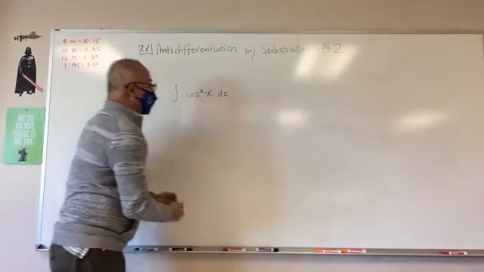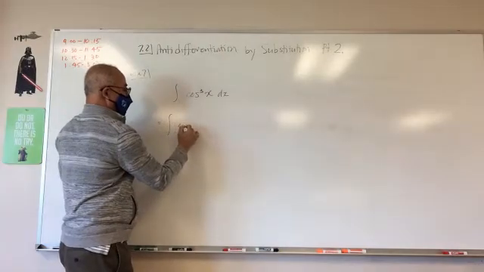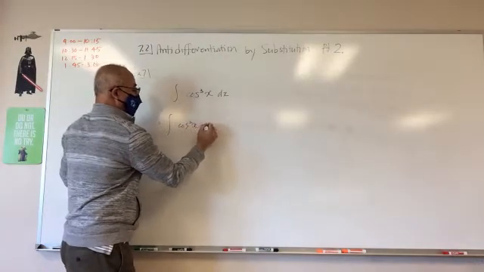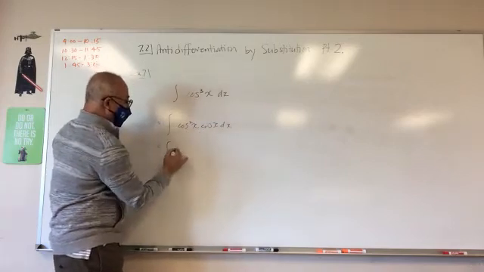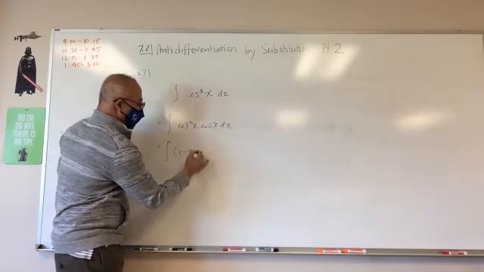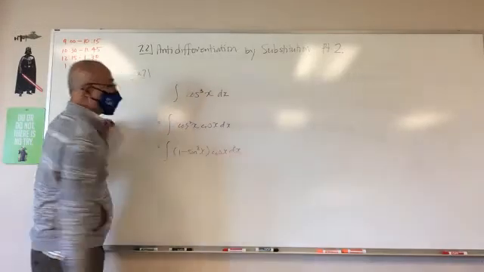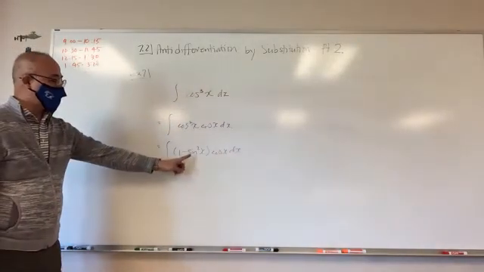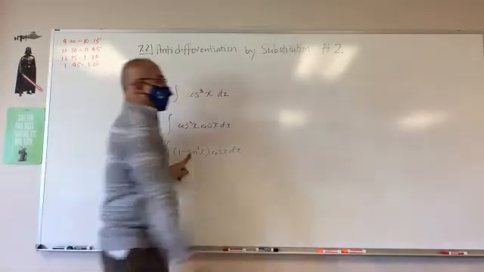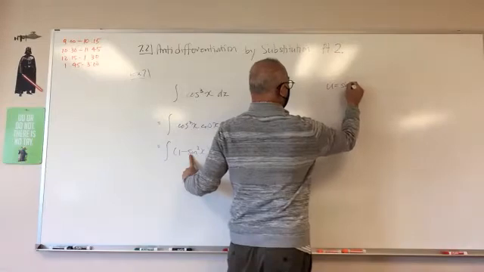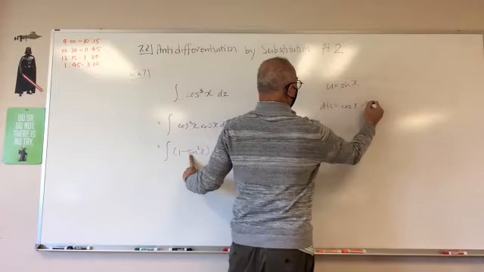So what we're going to do here is we're going to call this cosine squared x cosine x dx. Then I'm going to go 1 minus sine squared x cosine x dx. Now, if I call sine x u, I take the derivative of what do I get? If u is equal to sine x, I take the derivative of both sides, I'm going to get cosine x dx.